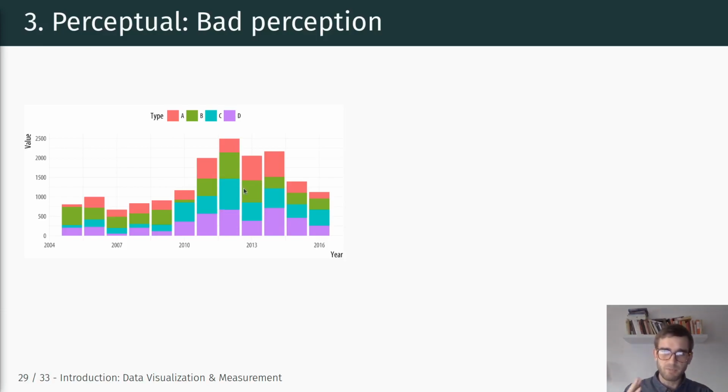Stacked bar charts can be useful in certain circumstances, but as soon as we want to allow for comparisons within category over time, for example, if we wanted to evaluate whether the green area B down here is smaller or larger than the green area up here, then we're pretty much left to guess, right? Or other comparisons within category across time, right?